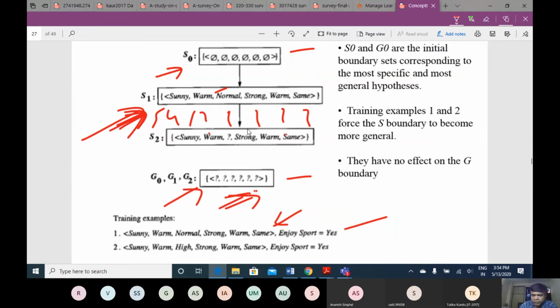Okay. So that means we have got a hypothesis which lies between these two. So if we are defining a version space using the general boundary as this and the specific boundary as this, then this is one such hypothesis which also lies in this version space. That's what we want to say.